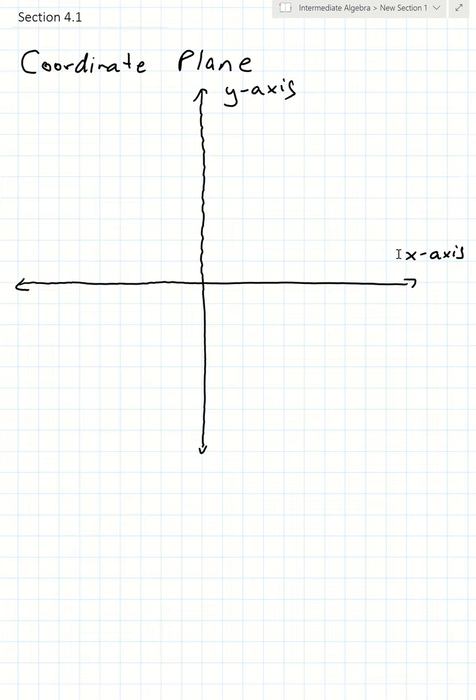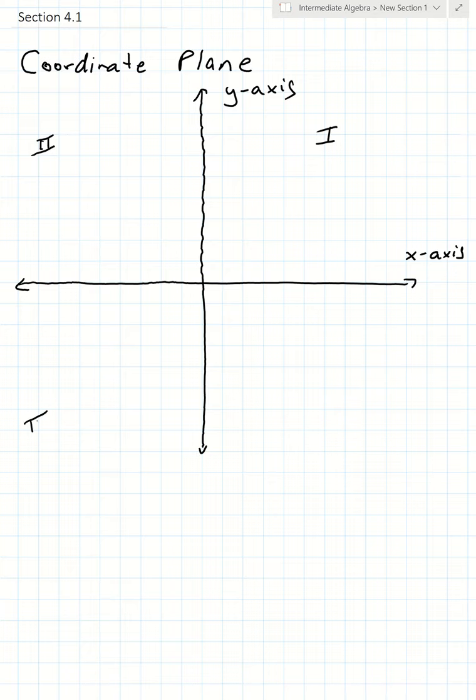And these four areas are actually called quadrants, okay? Just some background terminology that you might or may not be familiar with. Quadrant 1 is in the upper right-hand corner. Quadrant 2 is in the upper left-hand corner, moving counterclockwise.